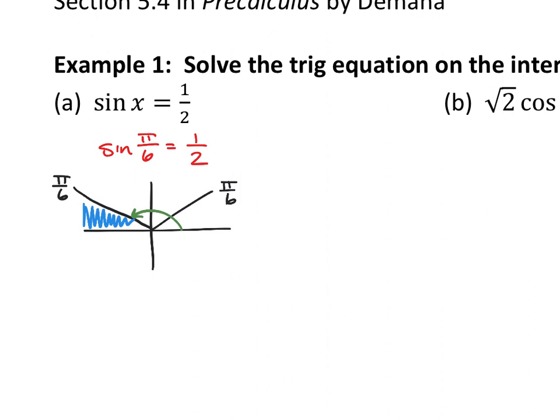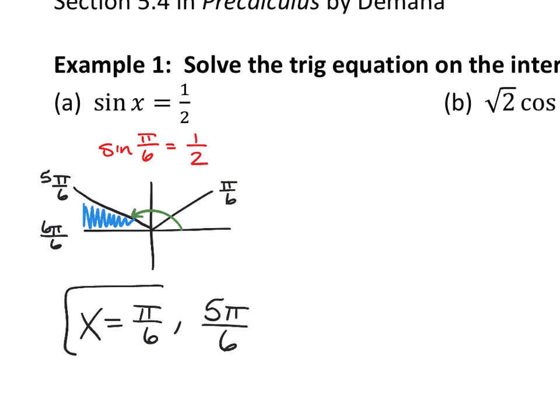We know this because if 180 degrees is pi, giving it a denominator of 6, it's 6 pi over 6. One less than that would mean that this is actually 5 pi over 6. So we have two places on our unit circle where sine of x is equal to 1/2: x equal to pi over 6 and 5 pi over 6.